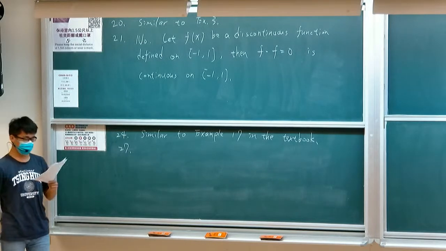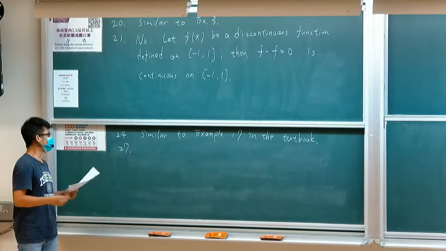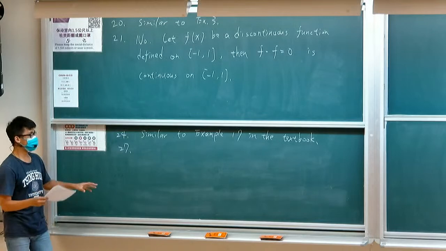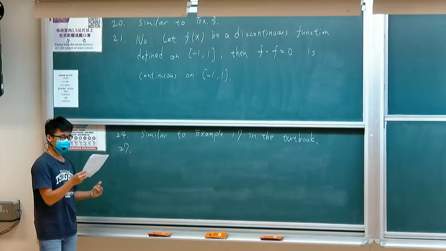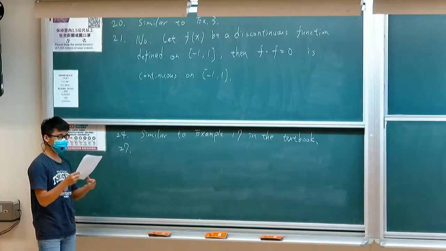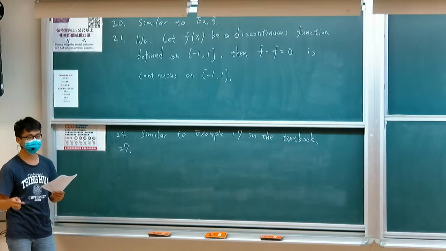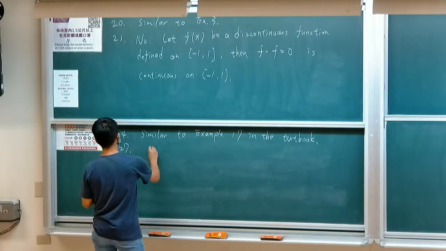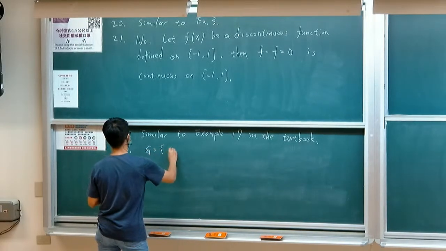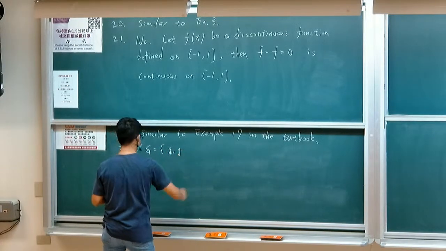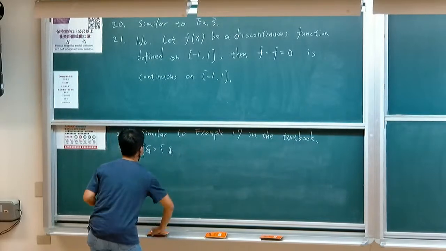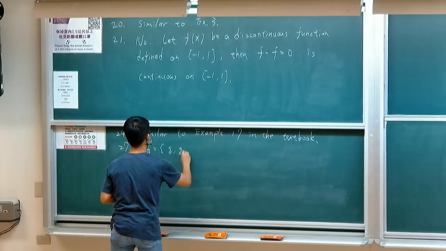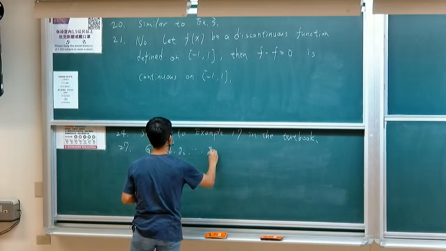In some previous exercises, for simplicity, we assumed that the sets are finite, but from now on, you should consider that a set might be infinite. So in this exercise, you cannot assume that G equals G1, G2, ..., Gn.